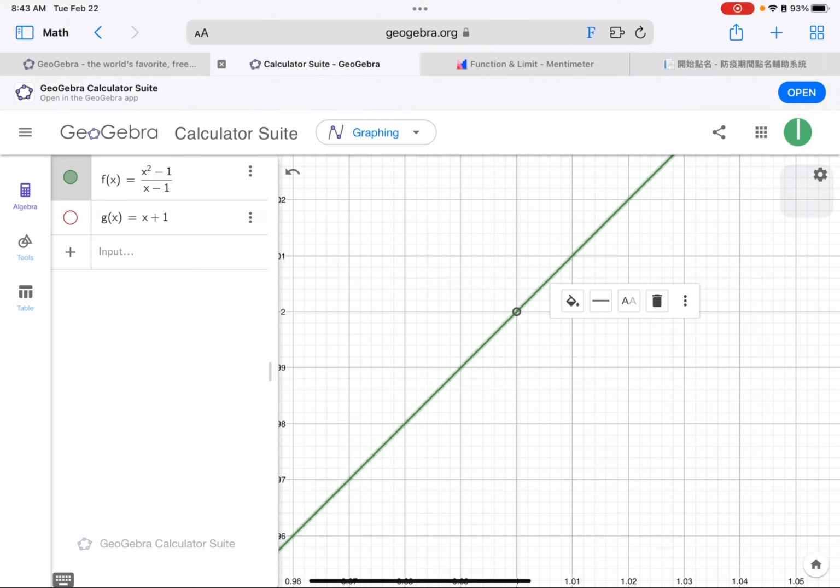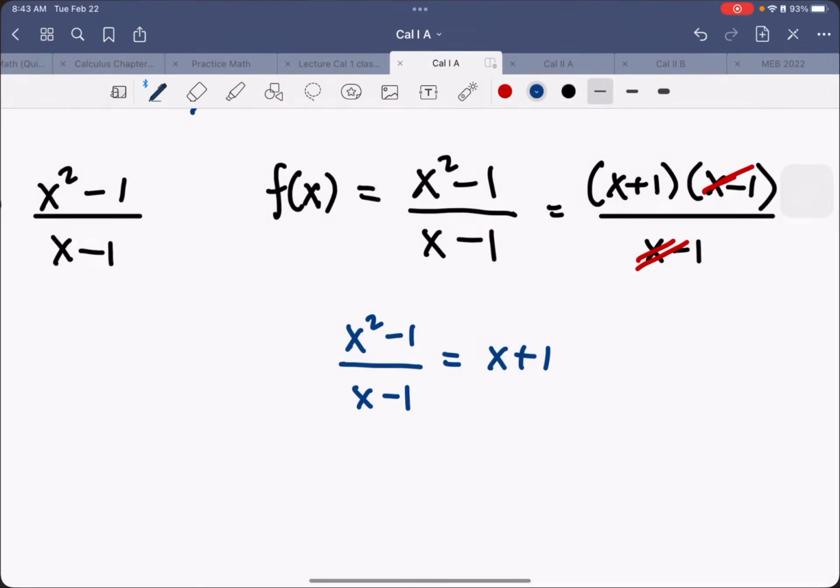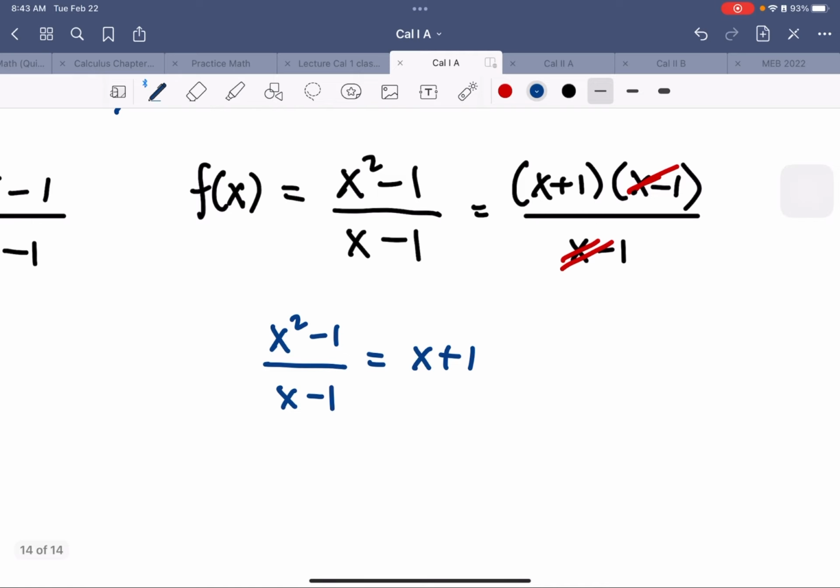So what we are dealing with here is not the same. Very simple. But if you just say that this is just an equation and you want to simply cancel out in this process, you can do that.